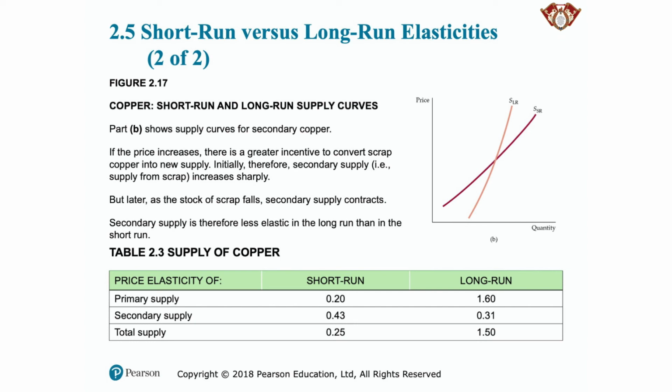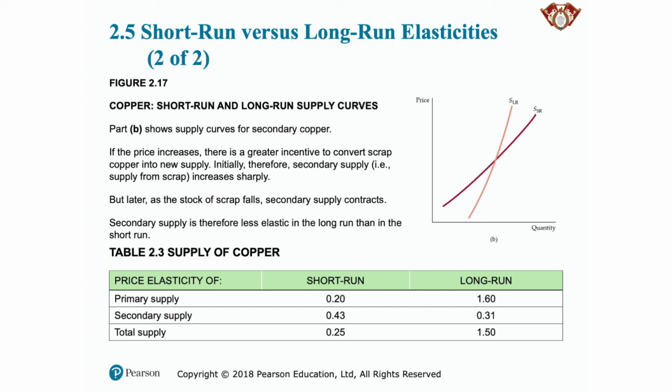Initially, therefore, secondary supply increases sharply. But later, as the stock of scrap copper falls, secondary supply contracts. In this example, in secondary copper supply, short-run elasticity is larger than long-run elasticity, just the opposite of the earlier primary copper case. Secondary supply is therefore less elastic in the long run than in the short run.